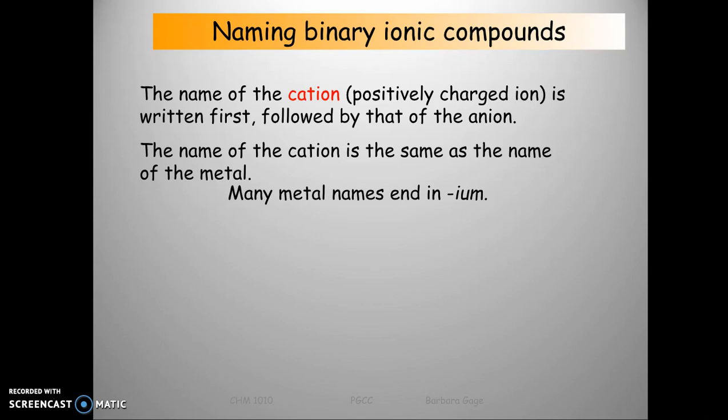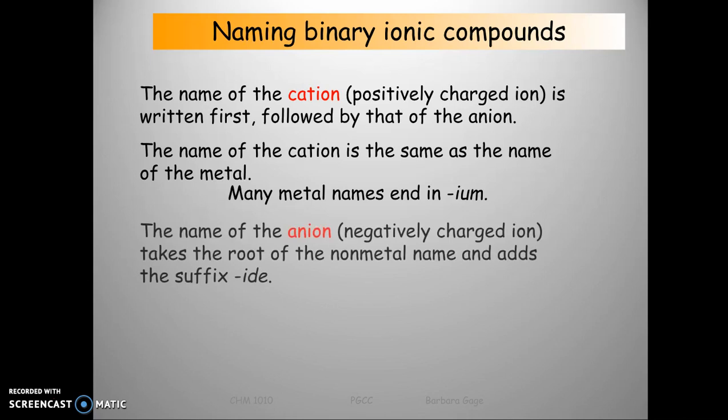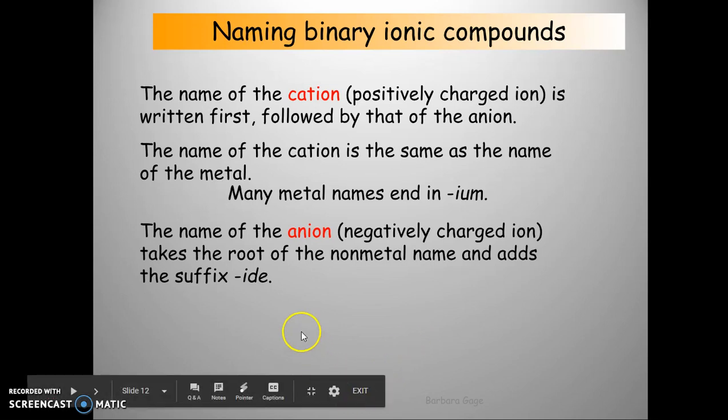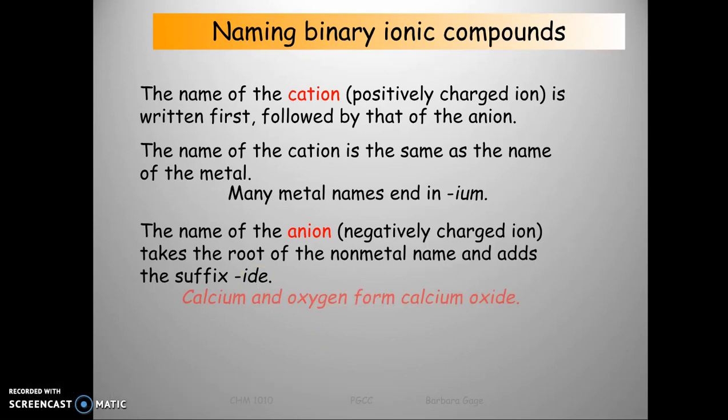Typically the name of the metal ends in the suffix ium, like sodium or potassium, calcium, magnesium. Those are all examples. For the name of the anion now, we keep it the same except we change the suffix to "ide." So we keep the root the same, the suffix changes to "ide."